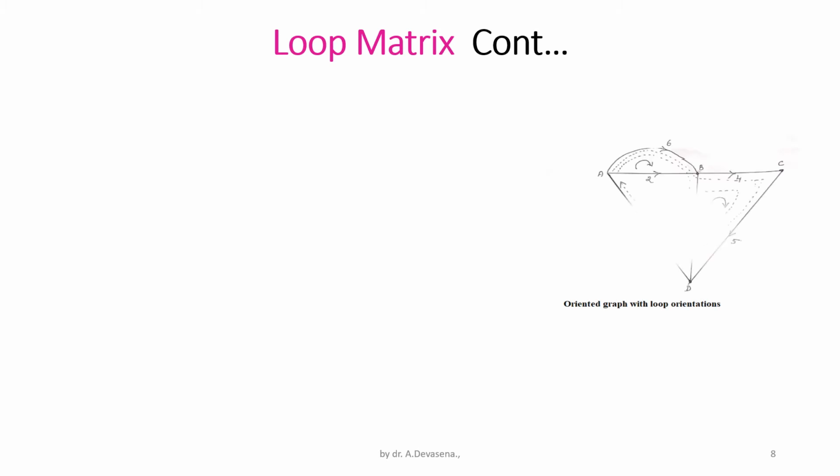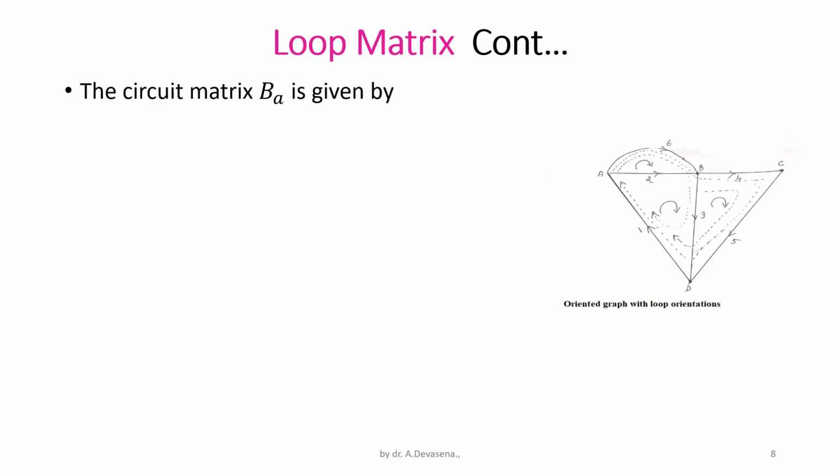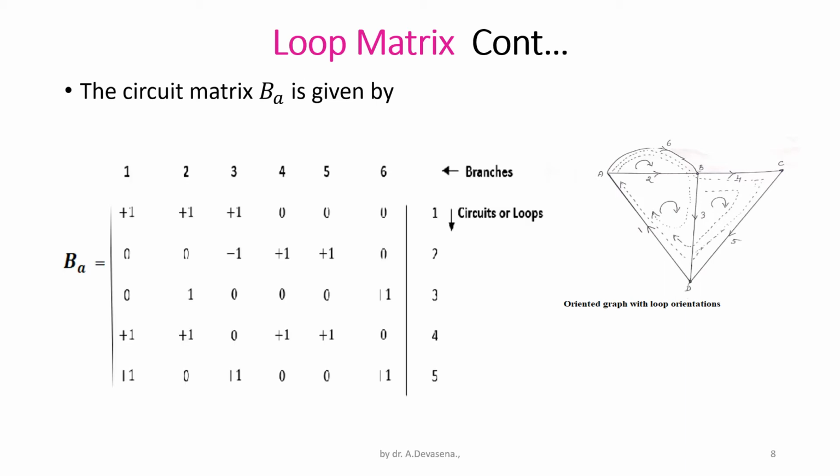The tabular form of the circuit matrix B suffix A can be represented in the form of a matrix as here. B suffix A is equal to this matrix, where we have represented the 6 branches and the 5 circuit loops.